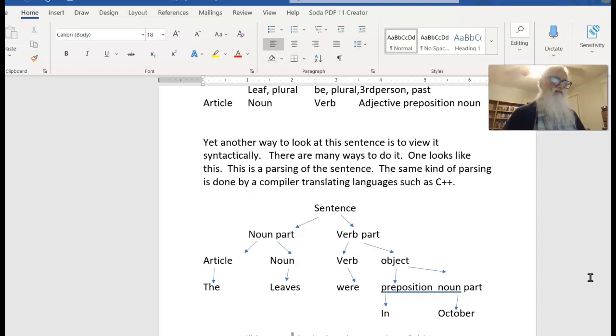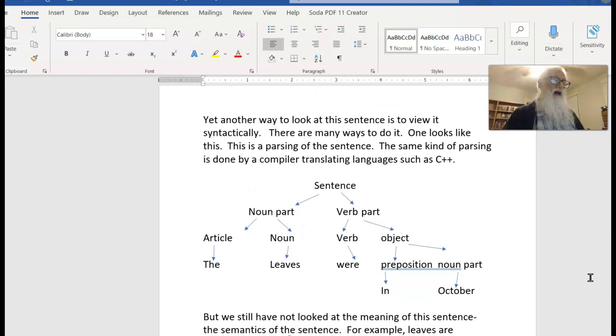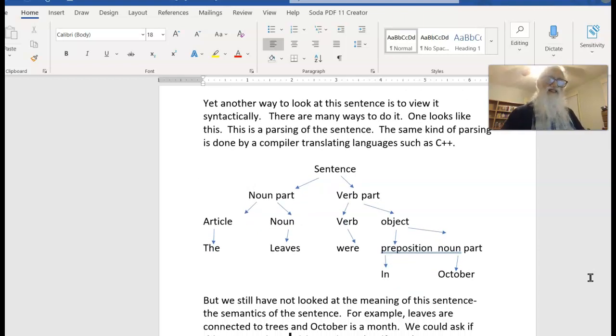Now you'll notice that verb part can become verb and object. An object can become a preposition and a noun part. And there's lots of looping that could be done in this. The prepositions could keep going. There could be more and more of them. We haven't really finished everything.